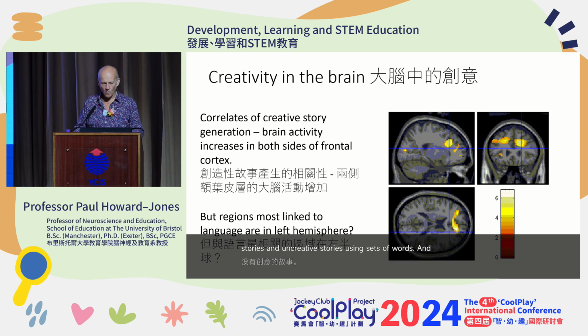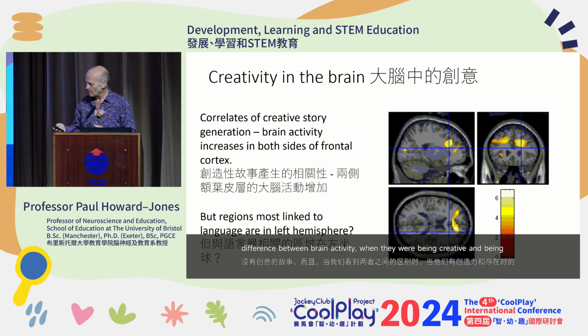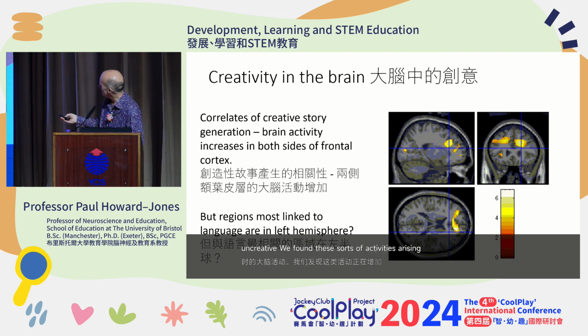And when we looked at the difference between brain activity when they were being creative and being uncreative, we found these sorts of activities arising. You can see there in the frontal lobes in the front hemisphere. But interestingly, because language, and these are stories that they're producing, language is normally associated with left hemisphere regions.